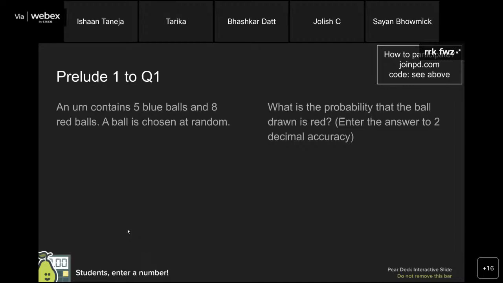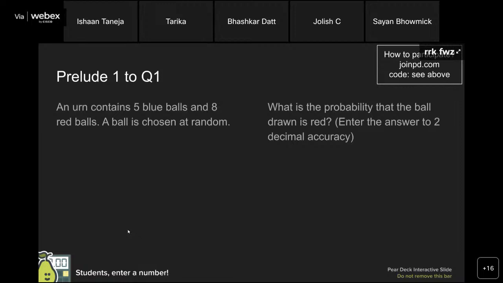Favorable cases. 8 red balls are there, and the total number of balls is 13. So it's 8C1 divided by 13C1, or basically 8 by 13. Okay, that's correct.